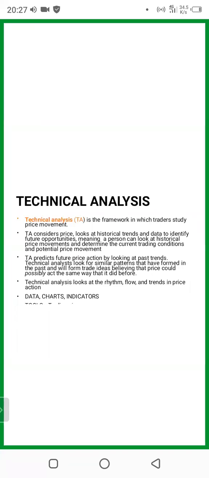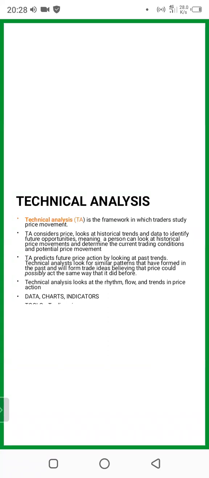So the second one is technical analysis. Technical analysis is the framework in which traders study price movement, how price is moving, understanding support and resistance, understanding price action, understanding supply and demand, using indicators and all those things.